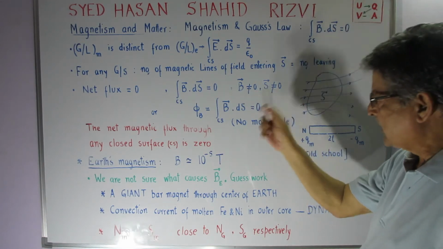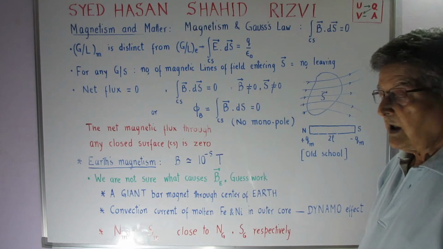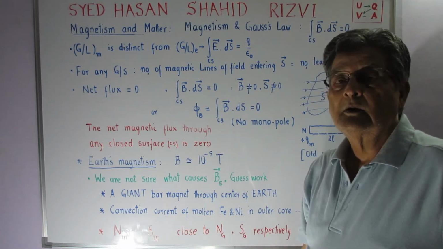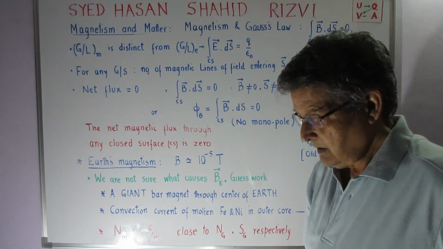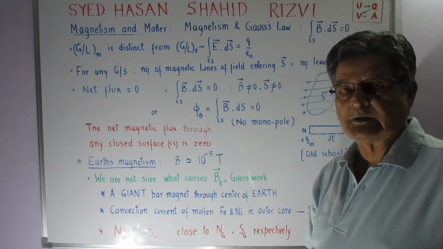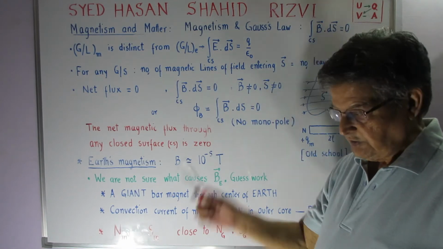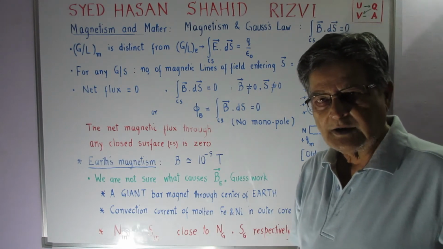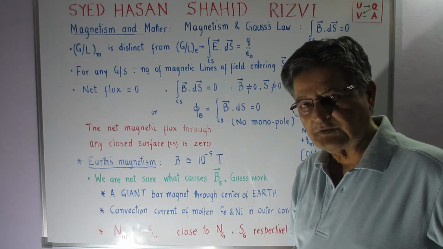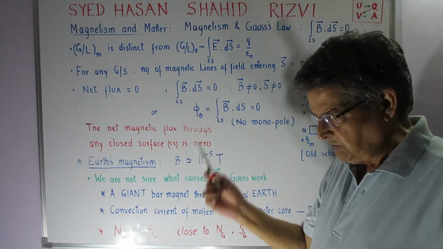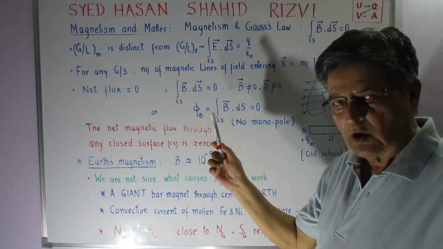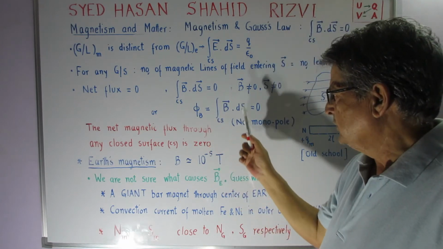The surface is there, the magnetic field is there, and wherever there is a magnetic field, I told you that there will be an energy density, which is half epsilon naught E square in the case of electrostatic fields, and instead of epsilon naught we'll write 1 upon mu naught, so half into B square.